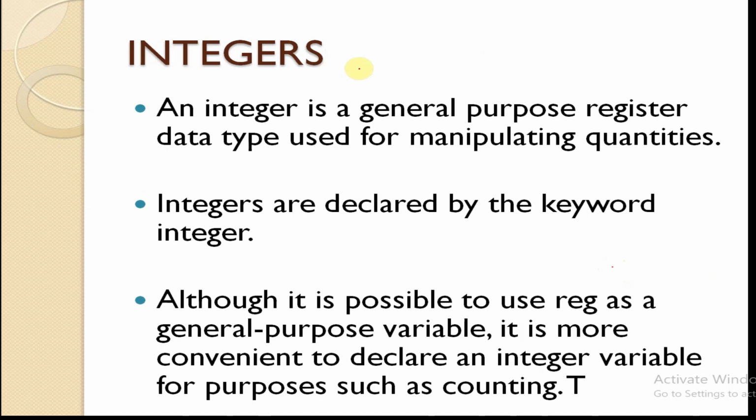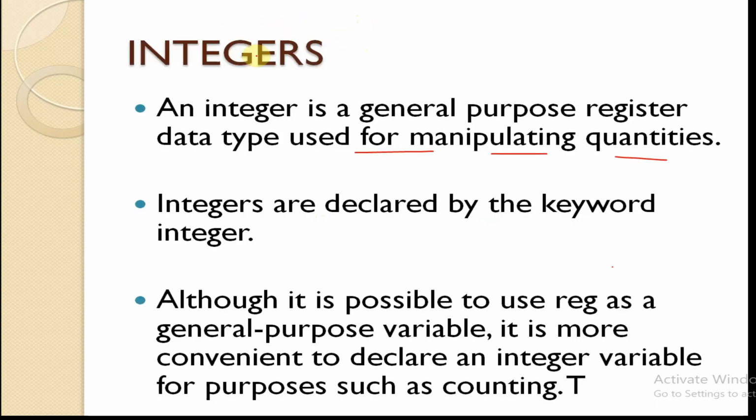An integer is a general purpose register data type used for manipulating quantities. Integers are declared by the keyword integer. So if we want to declare an integer a, we use the keyword integer, and a will become an integer data type.